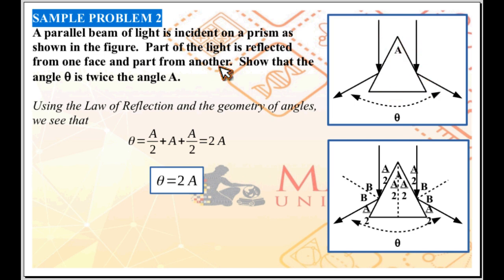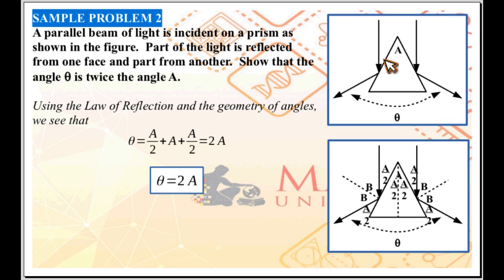Part of the light is reflected from one face and part from another face. The angle between the two reflected beams is angle theta. Show that theta is twice the angle A. So show that theta is equal to 2A.